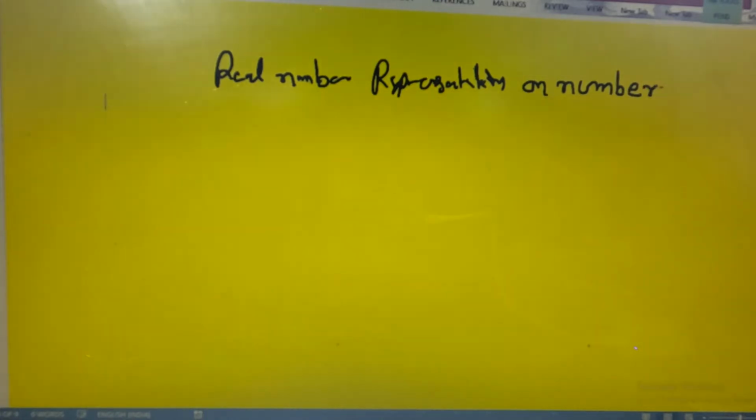Okay, so when we solve real number representation on the number line, the first option is the decimal expansion. What is the first option for decimal expansion? If a decimal expansion is of terminating nature or non-terminating nature, we can explain the different conditions of a rational number.